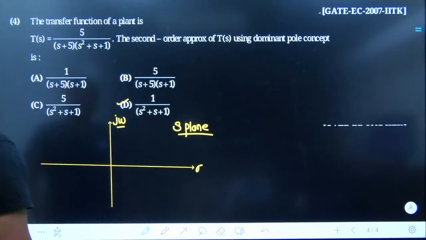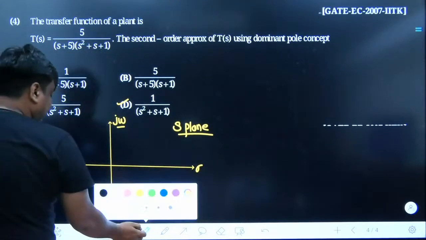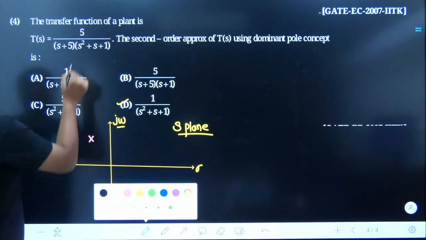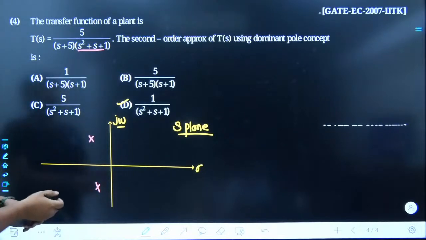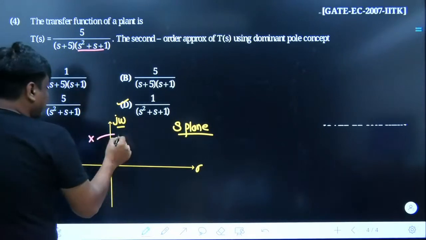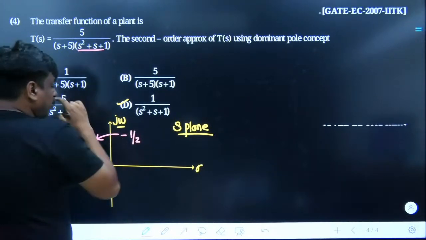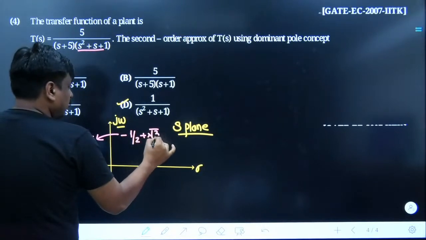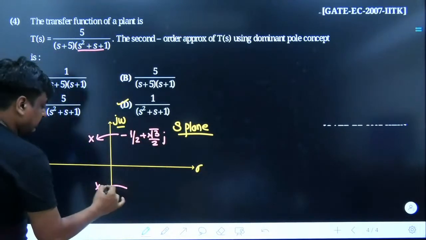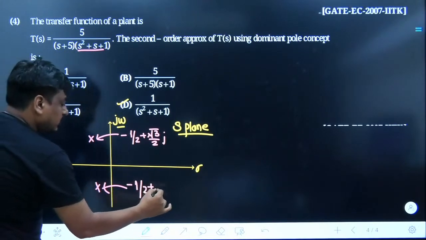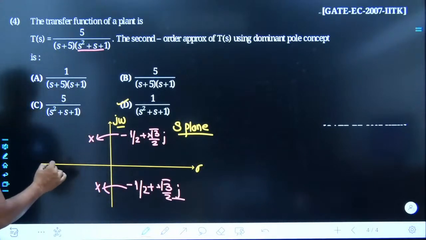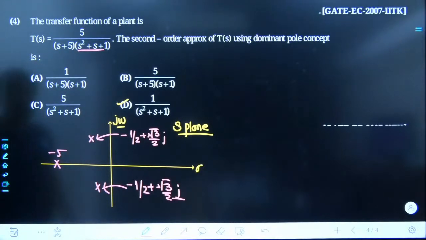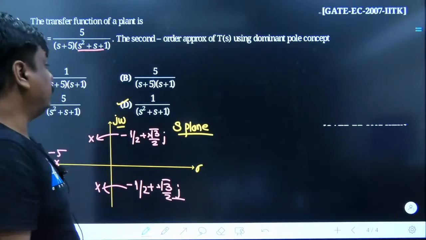Because of this factor, the poles would be complex conjugate in nature, with a negative real part, placed at minus 1/2 plus root 3 divided by 2 times j, and similarly at minus 1/2 minus root 3 divided by 2 times j, and the other pole is at minus 5. May I know what the substantial differences between them are?